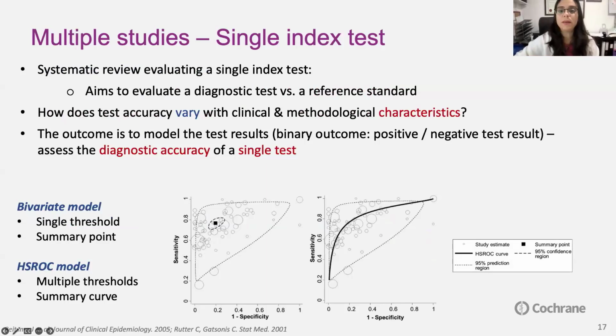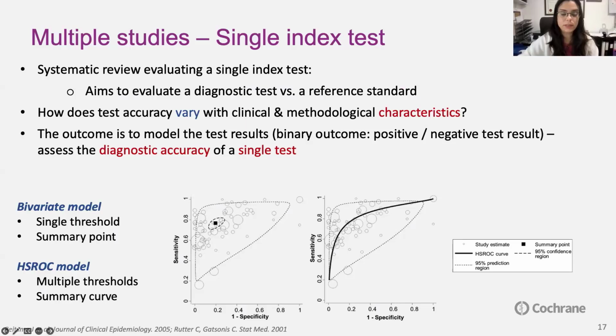Overall, there are two key and popular models to assess the accuracy of a single index test. So we have the bivariate model that estimates the average sensitivity and specificity point. And then we have the HSROC model that estimates the underlying ROC curve based on the different thresholds.